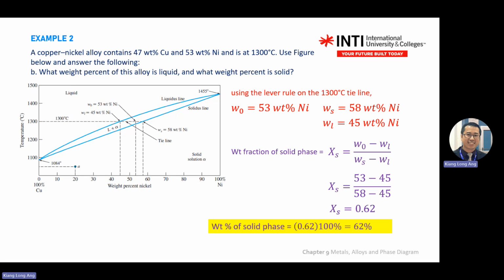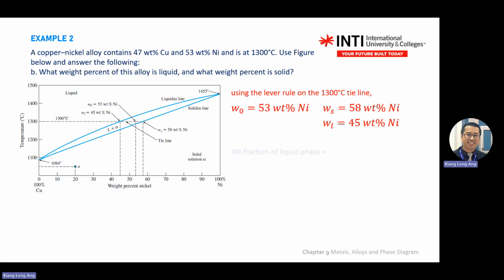For B will be weight percentage of solid phase equal to 0.6 times 100%. You convert the fraction into percentage. Then the liquid phase, if you want to do calculation, also can. But if you write 1 minus 0.6, also get the correct answer. Same marks.